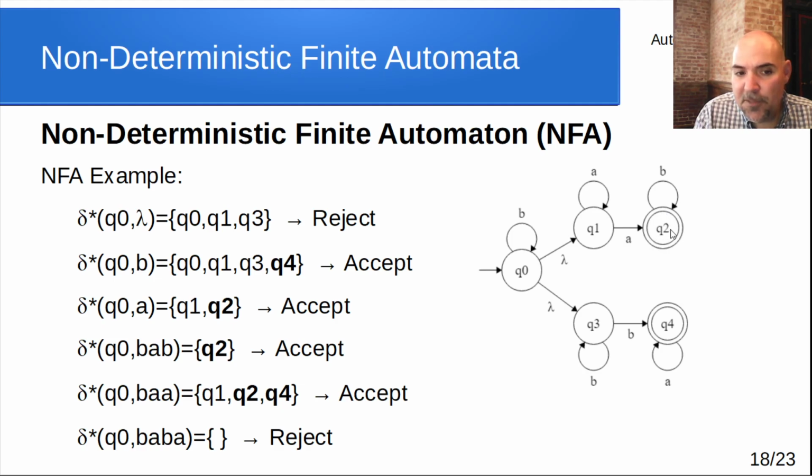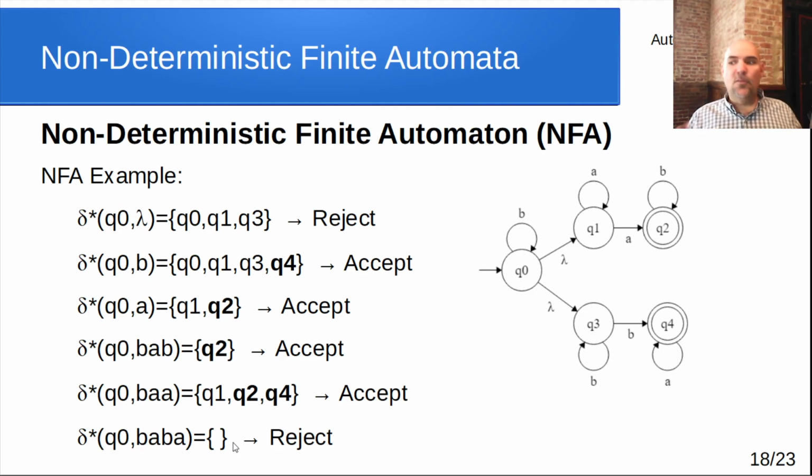There's no edge leaving this labeled with an A. So this rejects. It ends up with the empty set. There's no state I could end up in by processing BA, BA. So you could think, well, B, A, B, but now I get another A. There's no edge labeled A. Immediately reject, which ends up being the empty set.